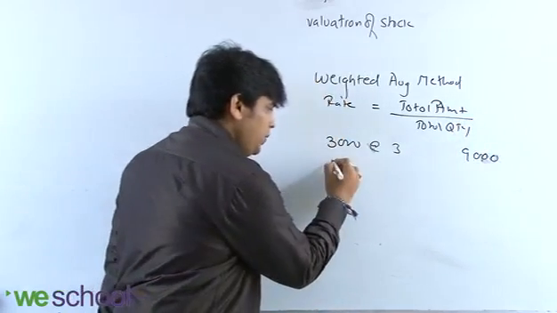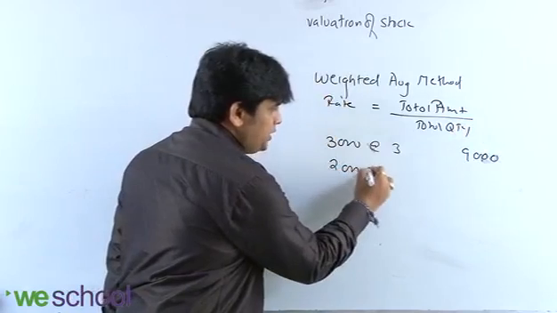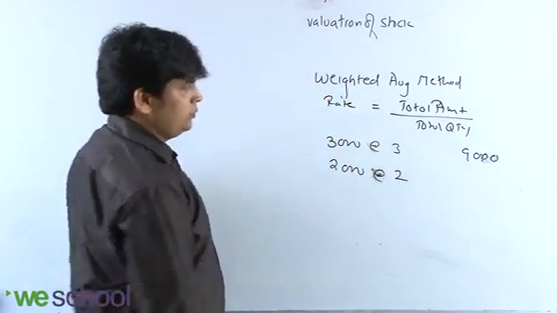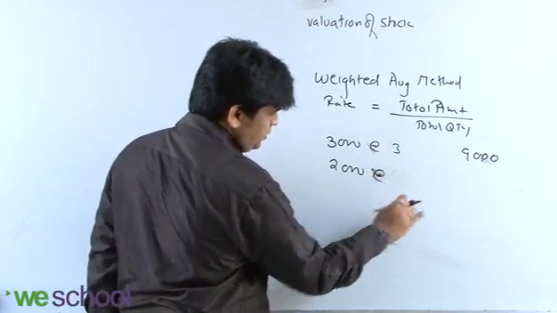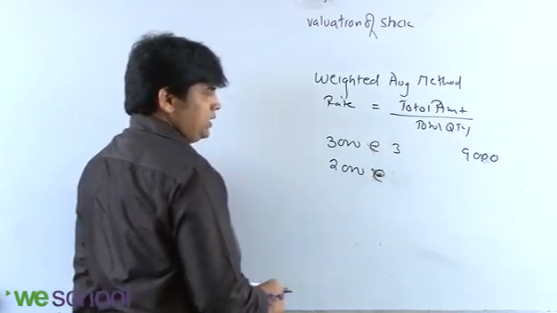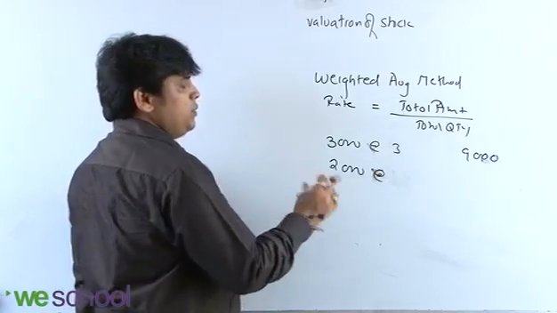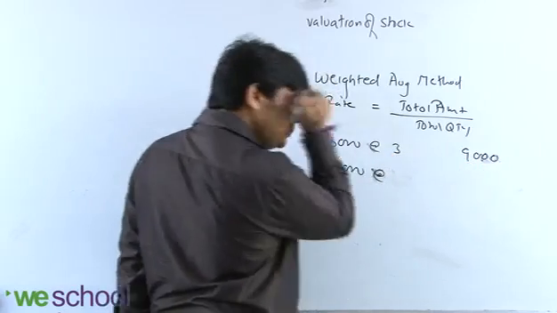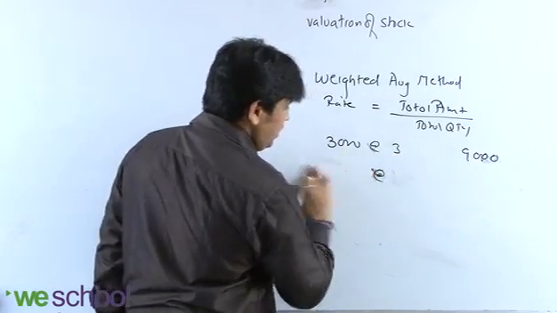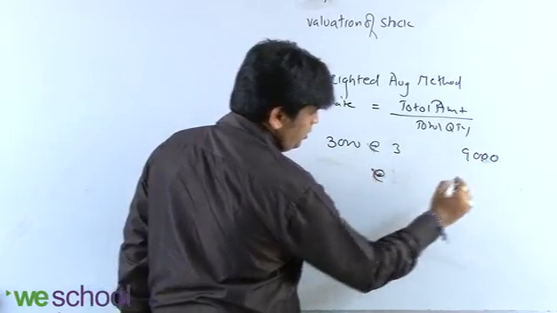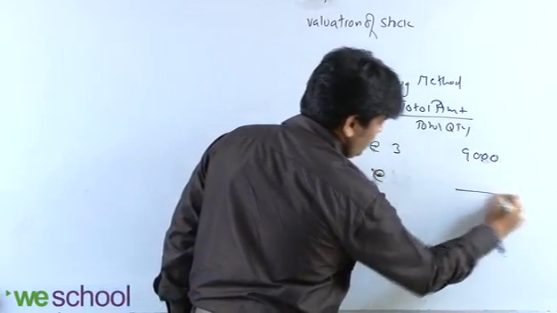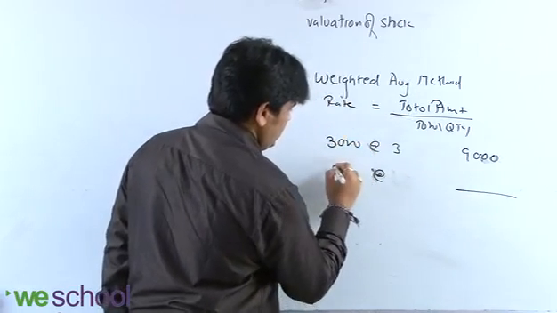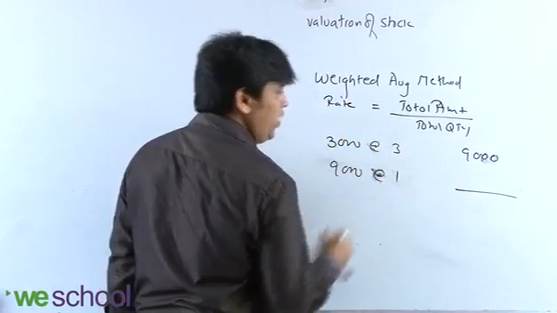Then I purchased 9,000 units at the rate of 1 each.